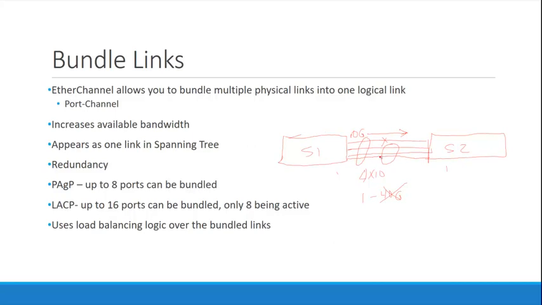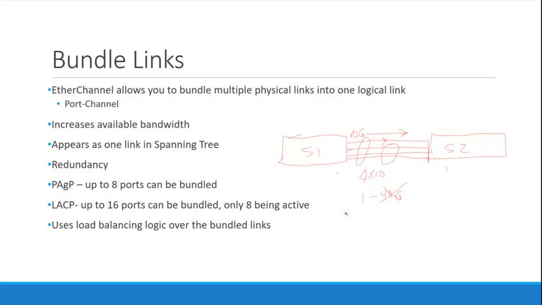So not only will I still have a link, I'll still have a link greater than 10 gigs. So I've still increased my effective bandwidth, not quite as much as the 40 I originally had, but I still have a link. So that's an additional layer of redundancy between the two.